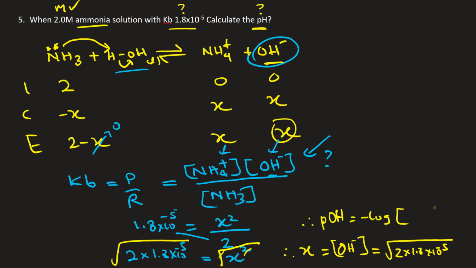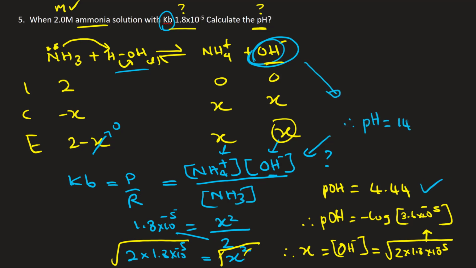That gives me the pOH, which is minus log of the OH concentration, 3.6 times 10 to the minus 5. That gets you the value of 4.4. That's if you are looking for pH. So that means the pH is 14 minus pOH, which gives me the value of 9.55. Weak bases are around 9 to 10.